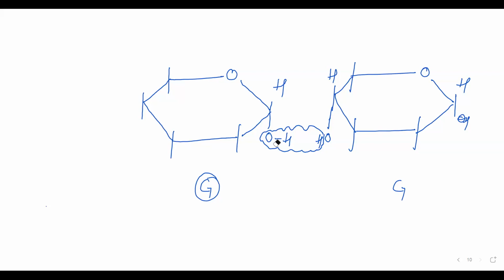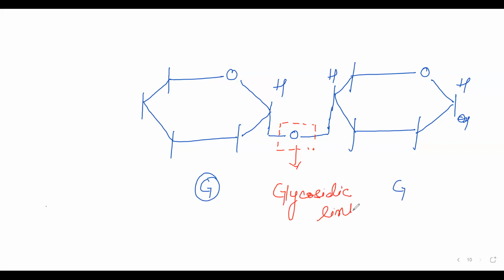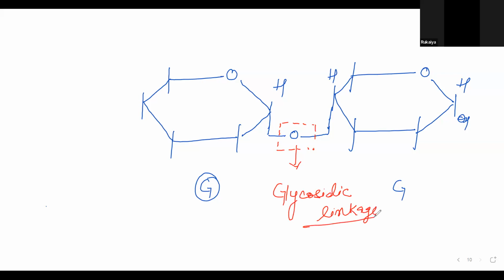And when one molecule of H2O is removed, these two units will be joined by an oxygen linkage, and this oxygen linkage is called glycosidic linkage.